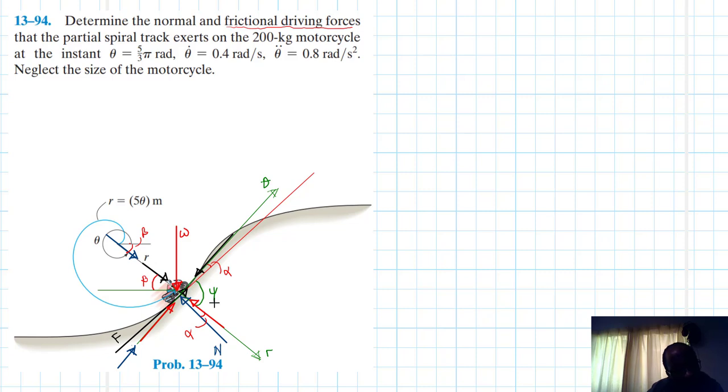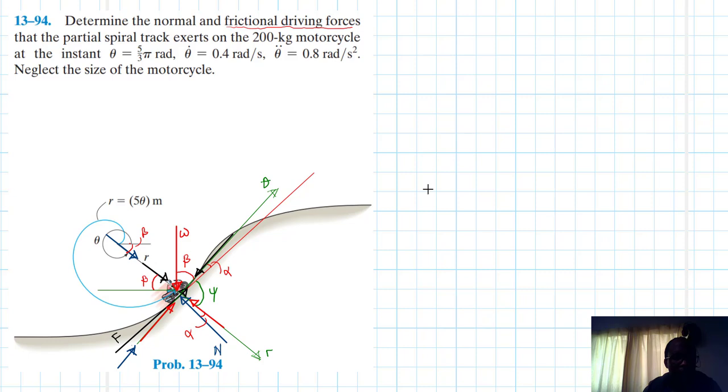So this is beta, then this becomes 90 minus beta, therefore this also becomes beta. So this one here is also beta.